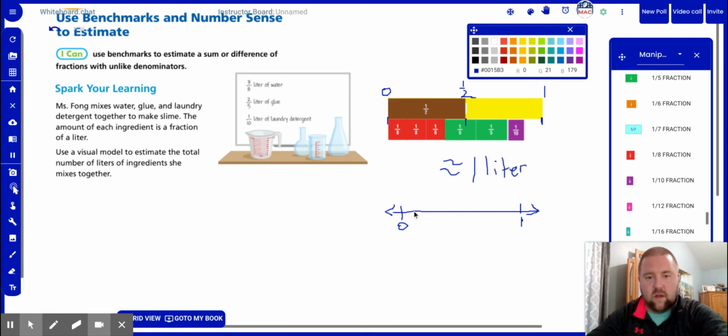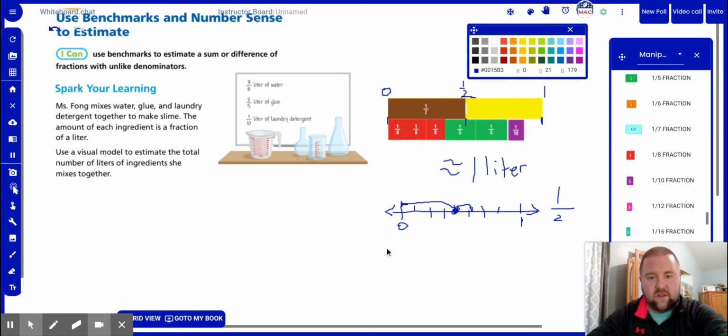So this is 1/8, 2/8, 3/8, 4/8, 5/8, 6/8, 7/8, and then 8/8 is 1 whole. So 3/8 would be right here. If I'm trying to round 3/8, I would say, well, I know that half of 8 is 4. So this is where the half is, and 0 is all the way back here. So I know that 3/8 would be about 1/2.